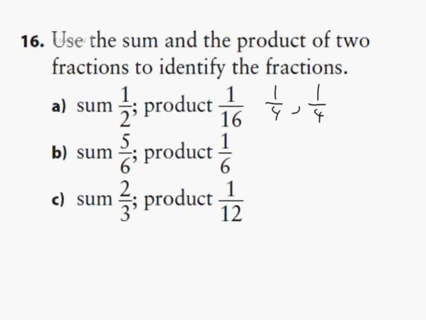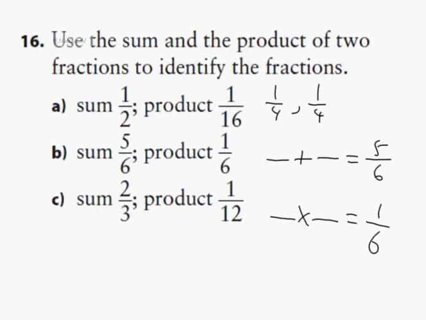Now for B, the sum, when it means I add them, I get 5/6. But when I multiply those same two fractions, I get 1/6. What do you think? Let's try our products first. What are the possibilities for the products? For product multiplication, there's only two.